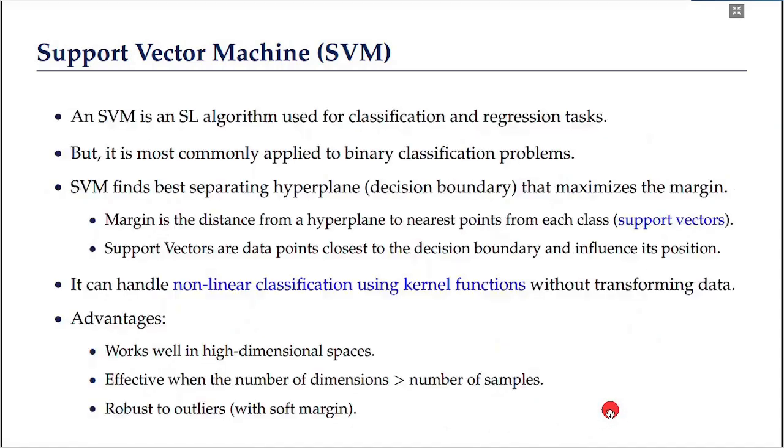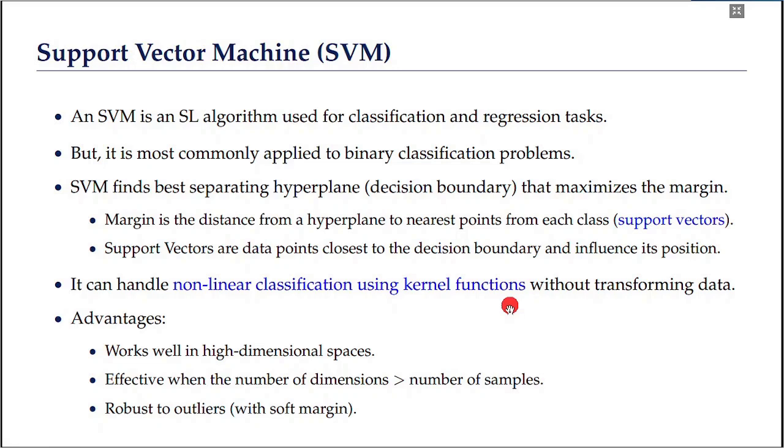Actually, a support vector machine can also handle nonlinear classification problems that cannot be separated by a straight line, using what we call kernel functions, without the need of transforming the original data.